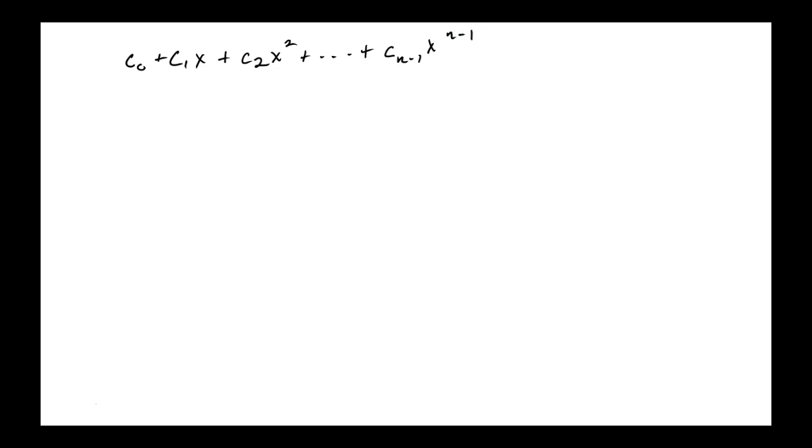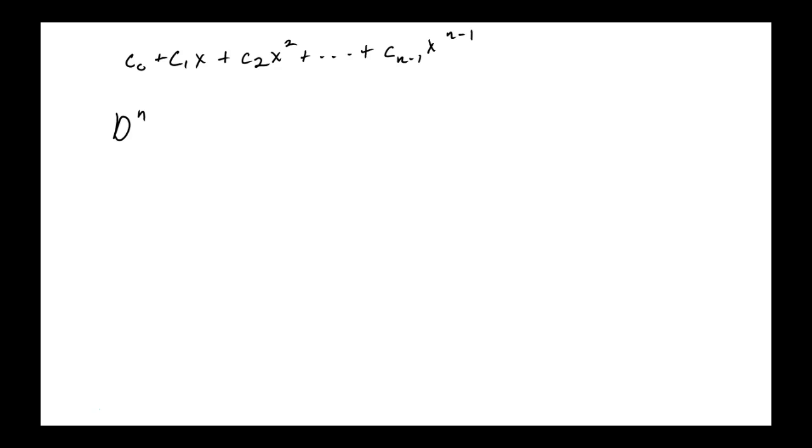Okay? That polynomial function, degree n minus 1, can be annihilated by finding an operator that annihilates the highest power of x. In other words, D to the n. Okay? D to the n minus 1 doesn't annihilate it completely. It comes close, but doesn't. You need that next one.